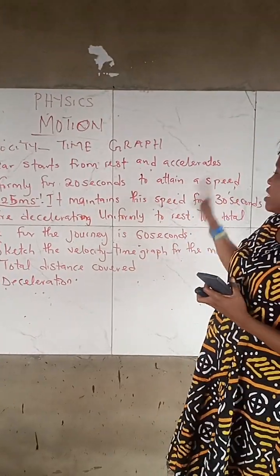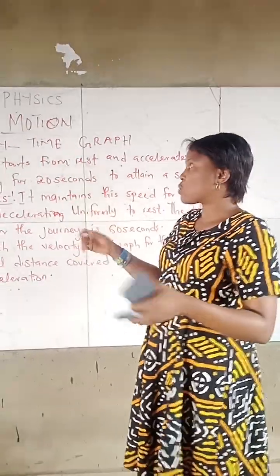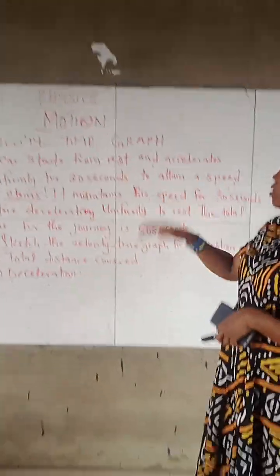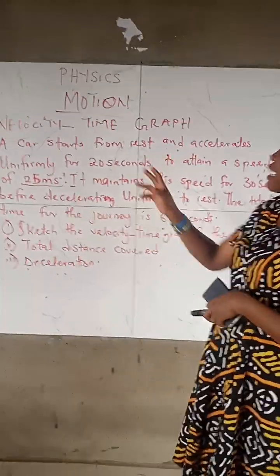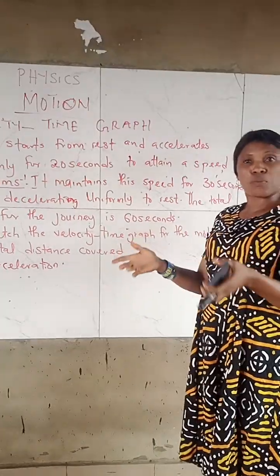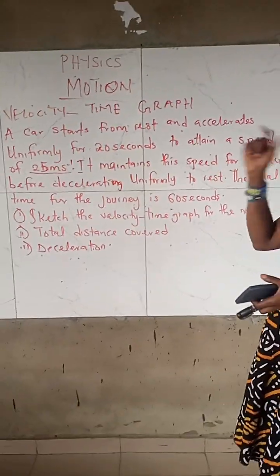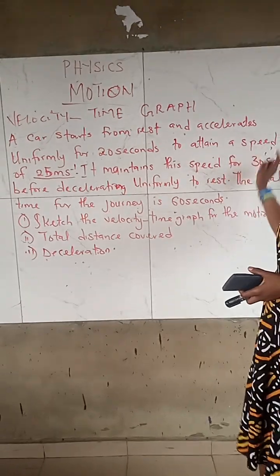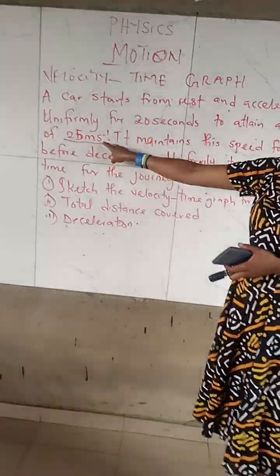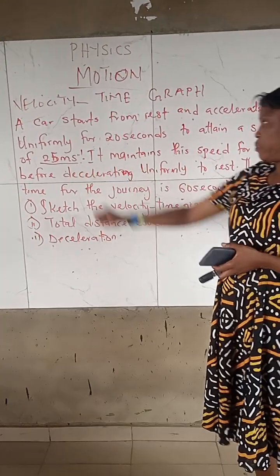Now, if you see a question, this is a wide question, so let's read the question together and solve it together. A car starts from rest, which means the car is starting from zero, and accelerates uniformly for 20 seconds to attain a speed of 25 meters per second. When you see this, you know we are talking of the velocity.